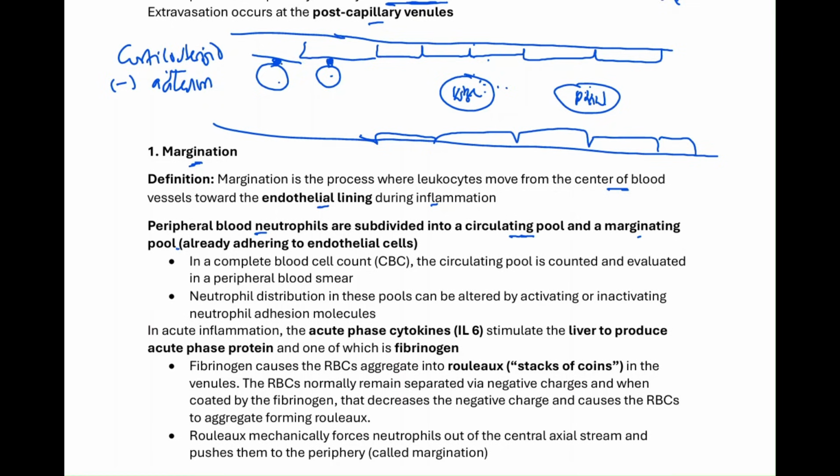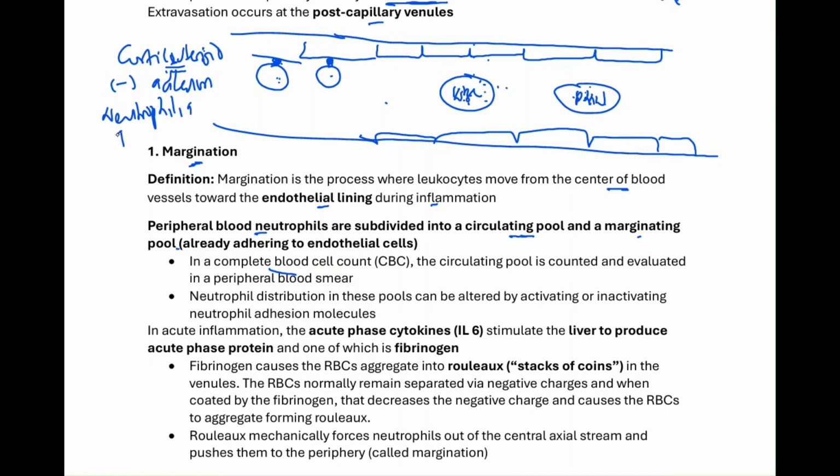By inhibiting the adhesion molecule, this white blood cell, instead of being marginating, is going to become what? Circulating. And remember, like I mentioned earlier, anytime you do a complete blood count, what we are counting is the circulating neutrophils. So that's why if somebody is on corticosteroids, they're going to have what? Neutrophilia.